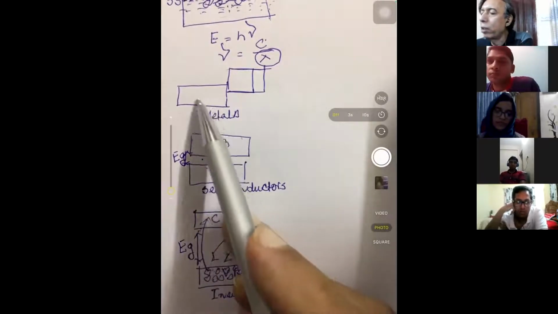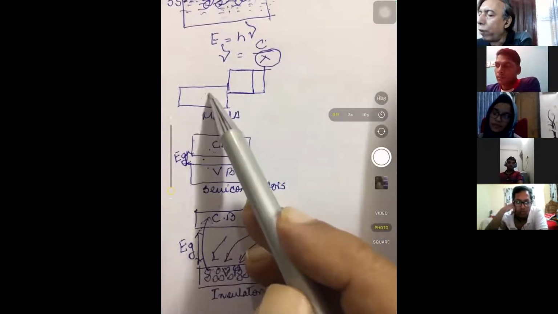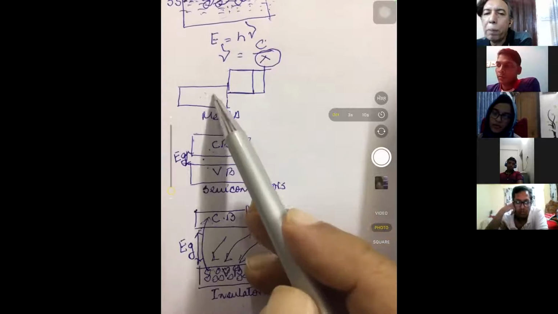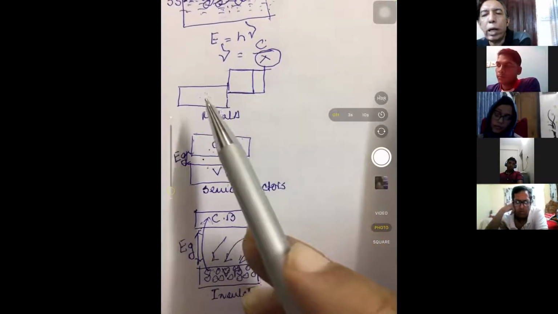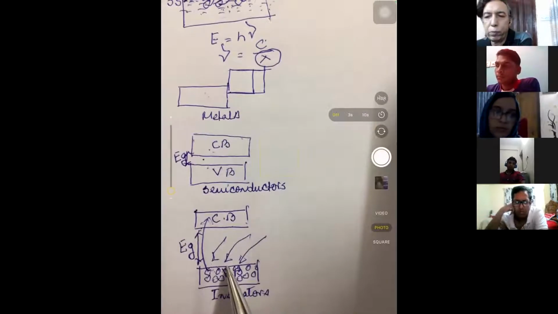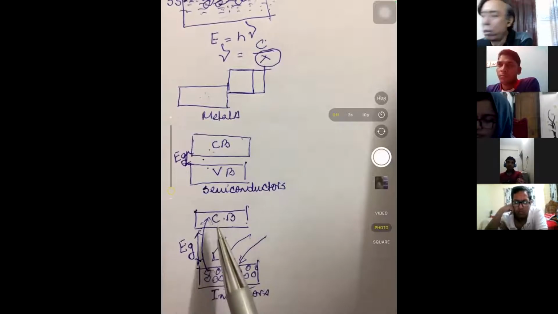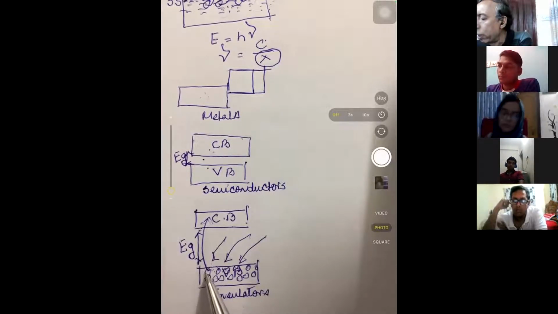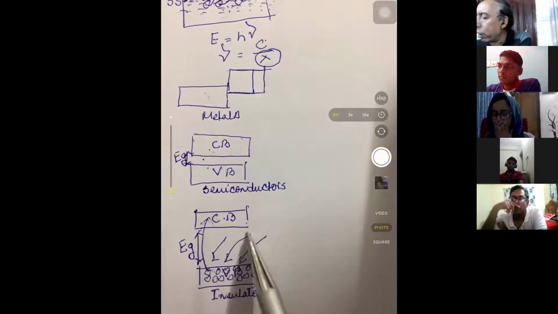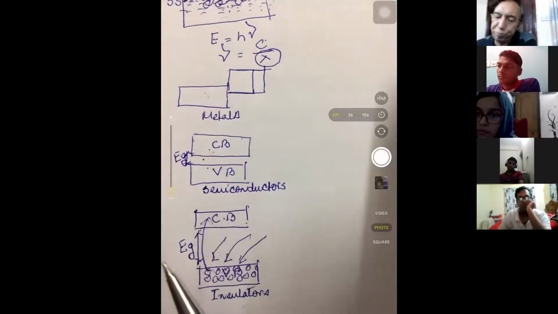In case of metals, the electrons go from valence band to conduction band by absorbing energy from the light. In case of insulators, it should also happen that it absorbs energy from the light and goes from valence band to conduction band.